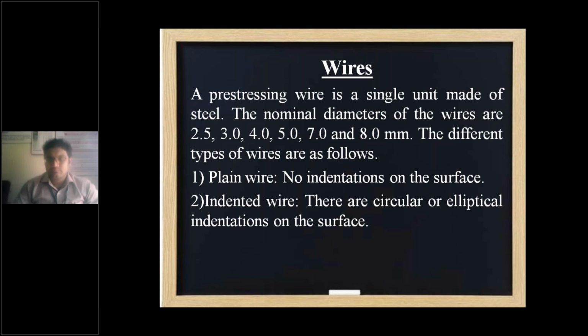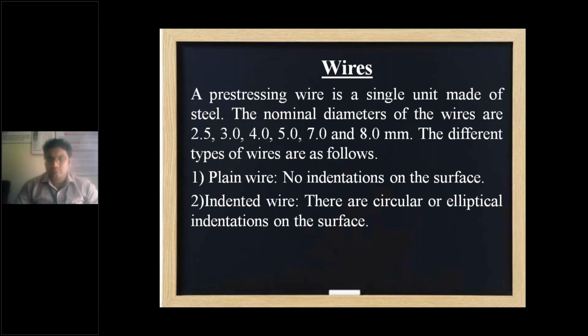Each wire comes with these dimensions. If we wind 5 wires together, we call it a strand. That is called a 5 ply strand. Each ply will have a nominal diameter like 2.5 mm, 3 mm, 4 mm. In that way wires have different dimensions, and different types of wires are followed.